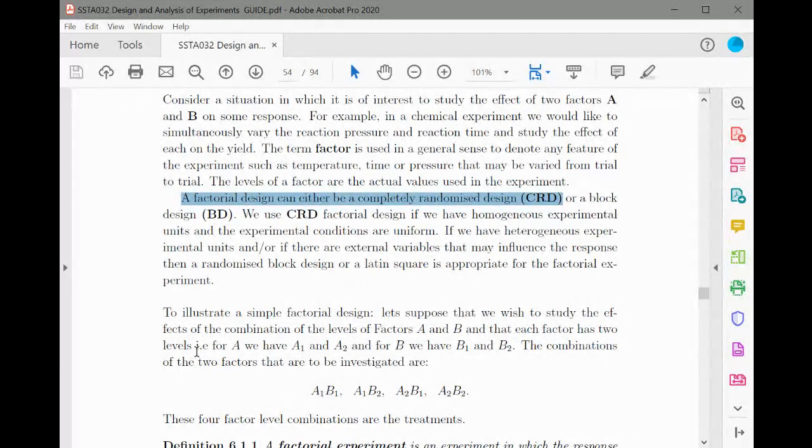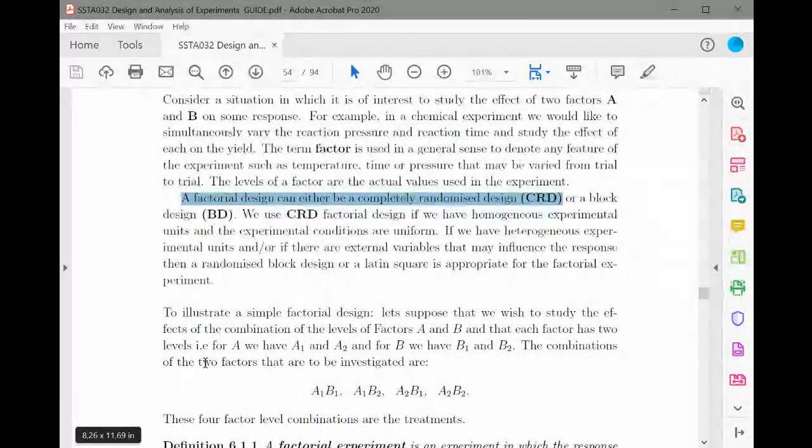You see, in this case, each factor has how many levels? It has 2 levels. So if it's 2 levels, we're saying A is having A1 and A2. B is having what? B1 and B2.